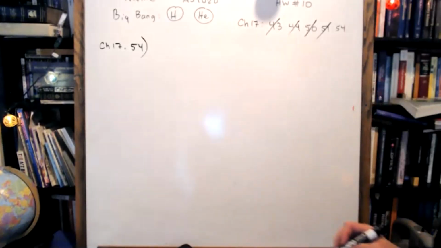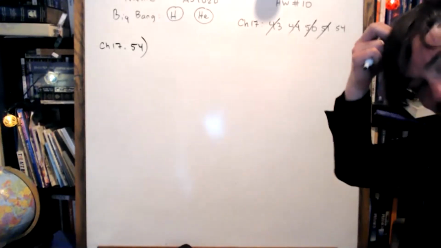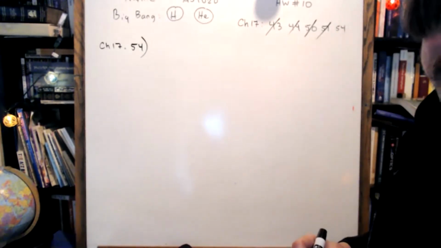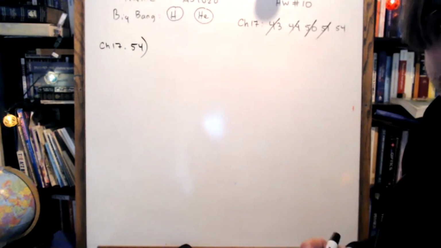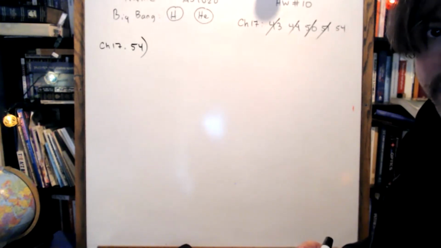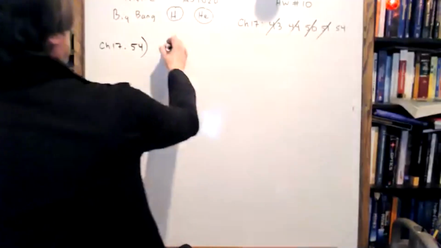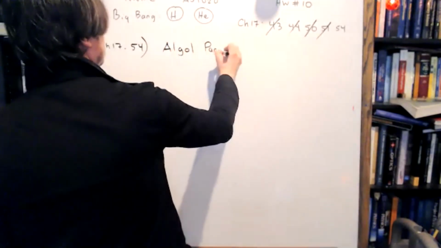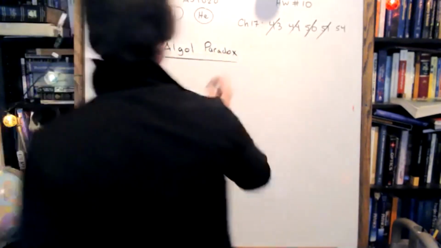Vladimir, why don't you read us number 54? Algol orbital separation. This is what's known as the Algol Paradox, and it's about a binary star.